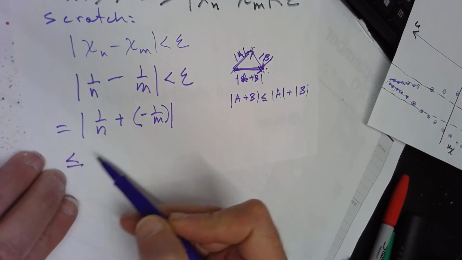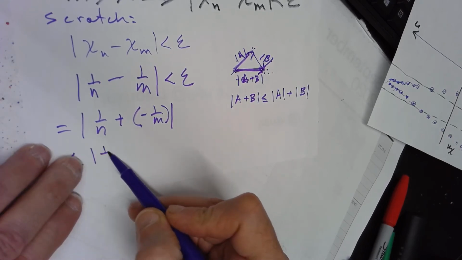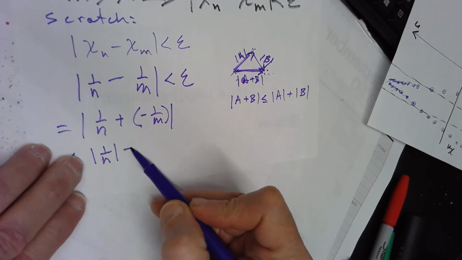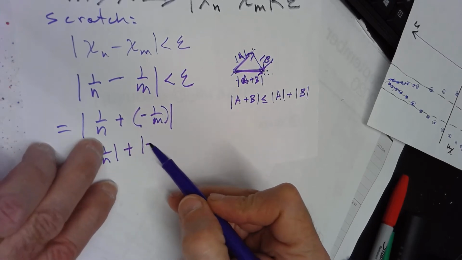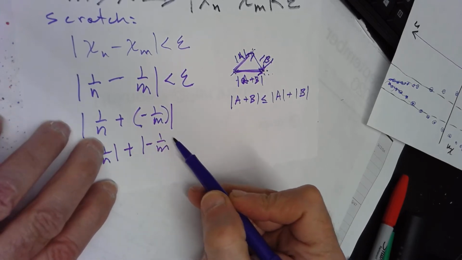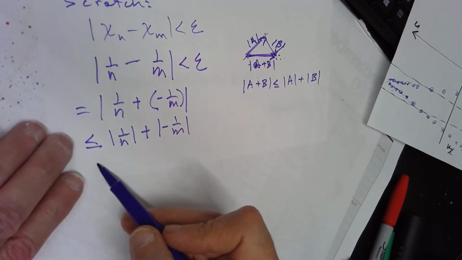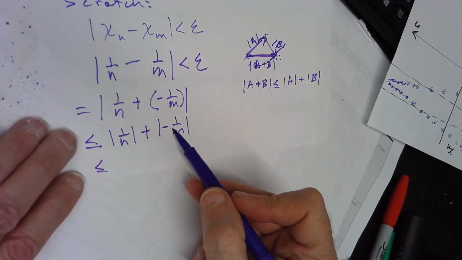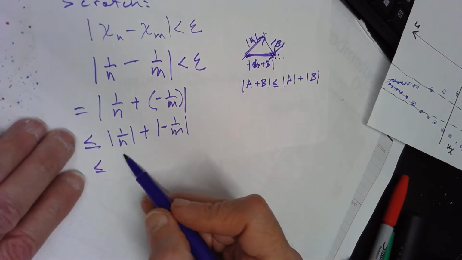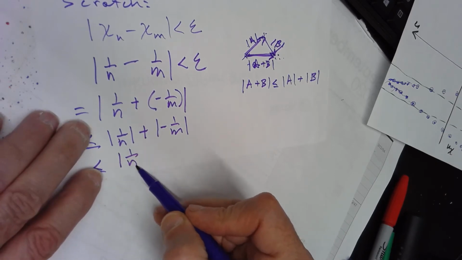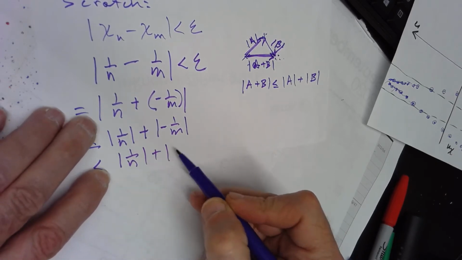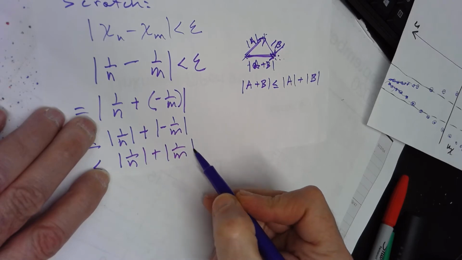So this is going to be less than or equal to the magnitude of 1 over n plus the magnitude of negative 1 over m. Well, because it's absolute value, we can just change that to 1 over n plus 1 over m.